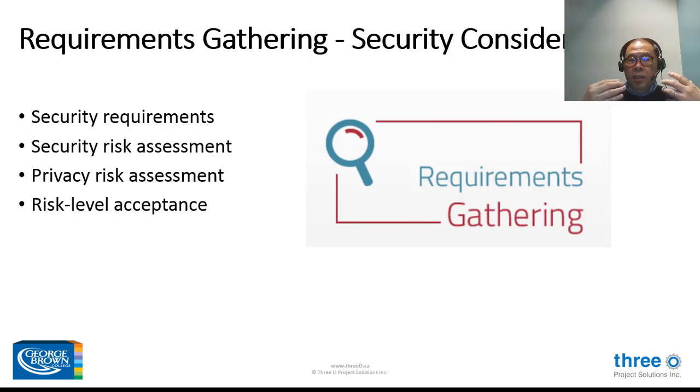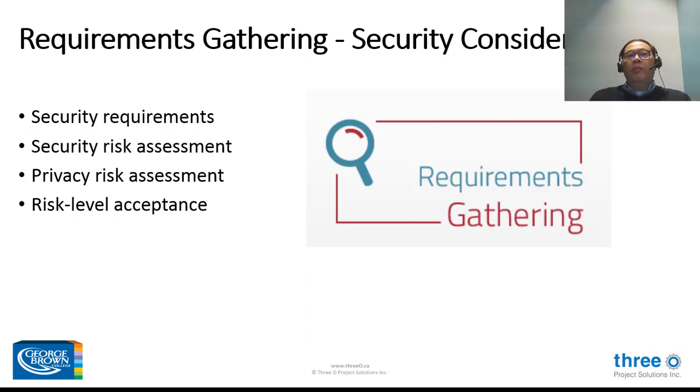So this is where it should happen first: the security requirements, security risk assessment, privacy risk assessments, risk level acceptance, all should be done relatively early in the project. The business provided the business requirement, and security should be at the table in the sense that, if this is a business requirement, then you need to actually include security.